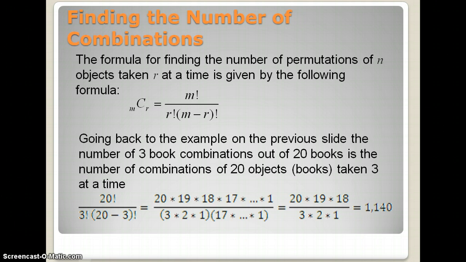The difference here is, instead of just having the 20, the 19, and the 18, I still have 3 factorial on the bottom, 3 times 2 times 1. If this was a permutation, those denominator numbers, the 3, the 2, and the 1, would not be there. I'd have 6 times more possibilities. But in this case, because order does not matter, how I select these books makes no difference, I only have 1,140 possibilities.